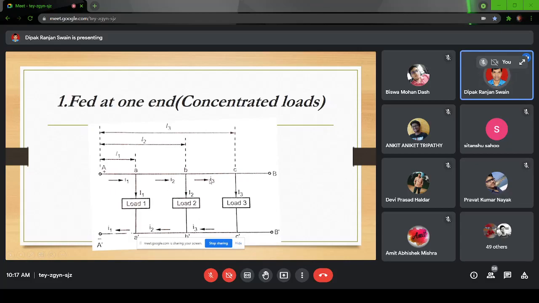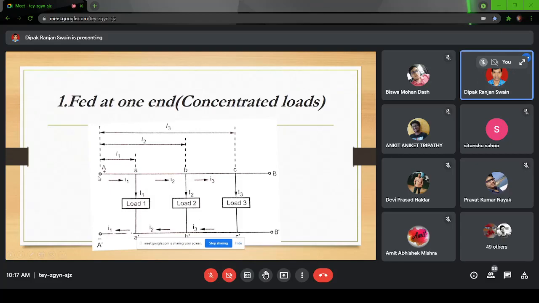As you go away from the feeder end, the voltage decreases along the path. So load 3 will be subjected to minimum potential and load 1 will be subjected to maximum potential.